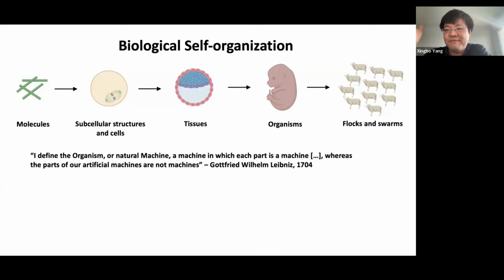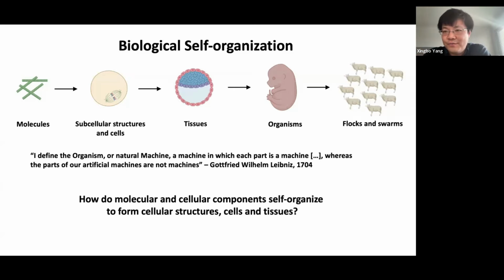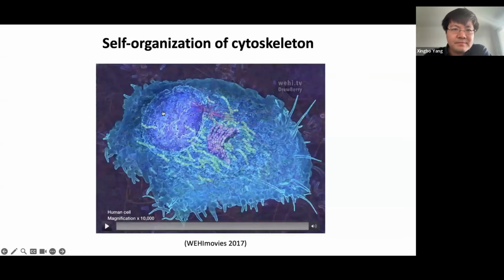So I think this sums up living systems very well for us. In short, it's basically saying living systems are machines made of machines. I think this holds true even to this day, and still we know remarkably little about those living machines. And the big question here is: how do molecules and cellular components self-organize to form the cellular structures, cells, and tissues?